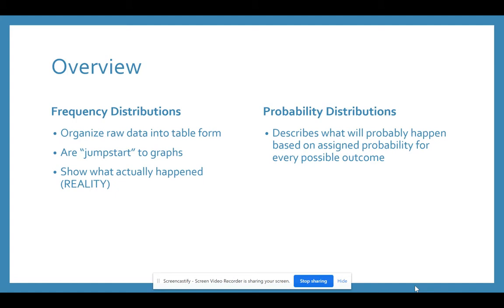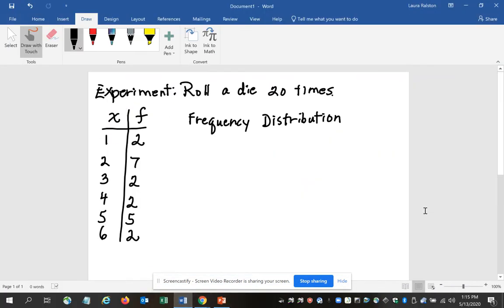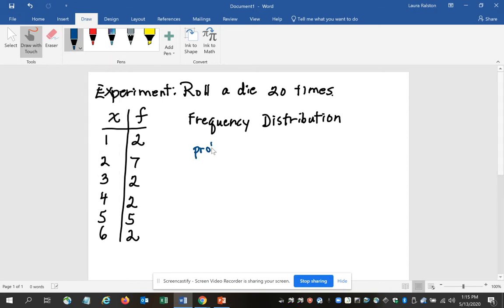So again, if we go back and think about the example that we're considering here of rolling a die, when we roll the die, hopefully you realize that the probability for any number on a die is 1 out of 6. So you could have a probability distribution.